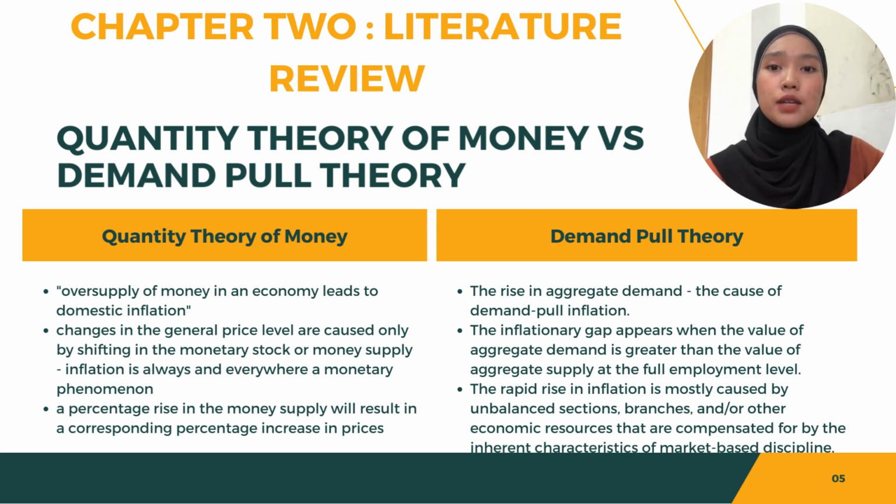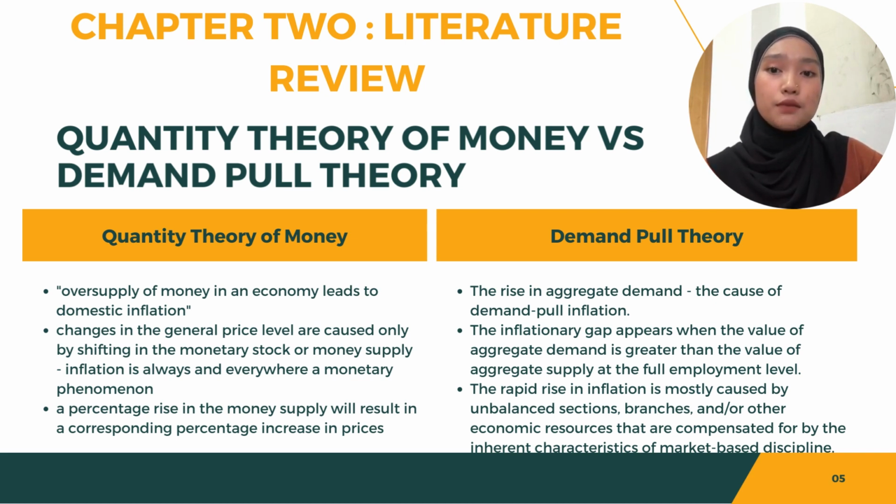The rise in aggregate demand was highlighted by John Maynard Keynes, 1883 to 1946, and his followers as the cause of demand pull inflation. Consumption, investment, and government spending make up the total demand. The inflationary gap appears when the value of aggregate demand is greater than the value of aggregate supply at the full employment level.